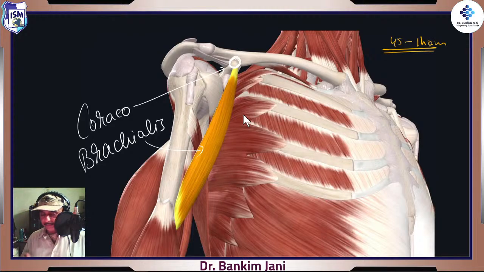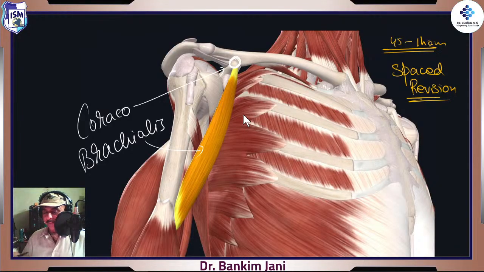So that's why there will be spacing. This is what is called spaced repetition or spaced revision. We'll keep doing such things from time to time. So when we discuss the brachial plexus, some of these structures will come like a flash, fatafat. Within a minute or two, we'll be talking about it.